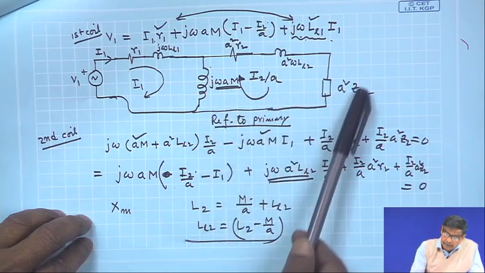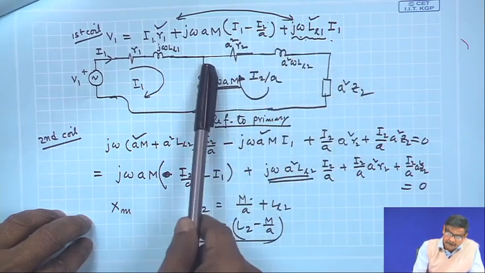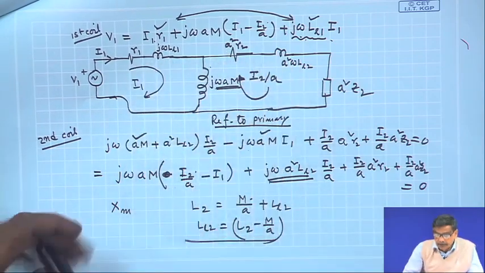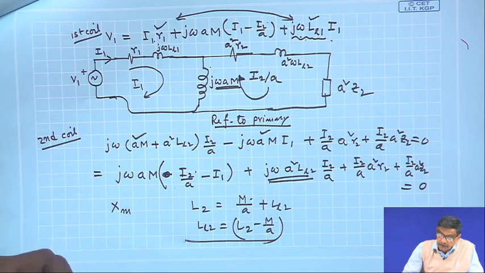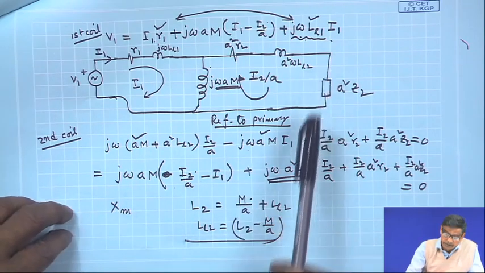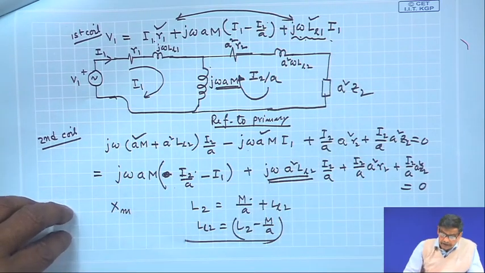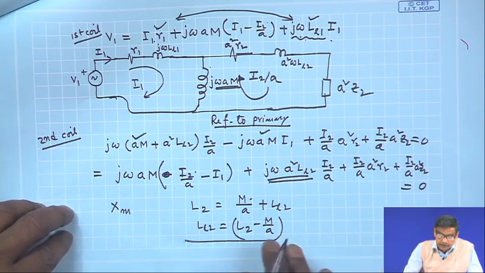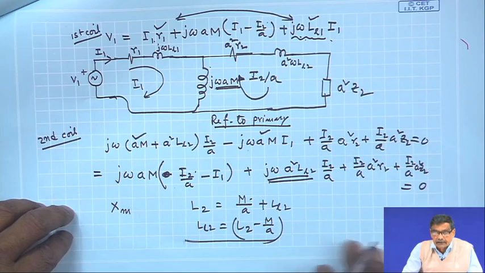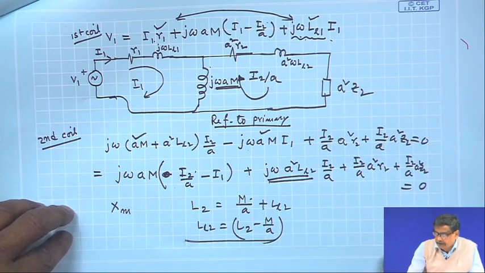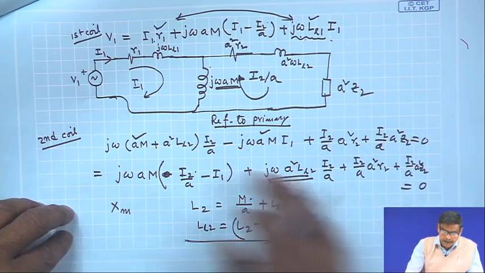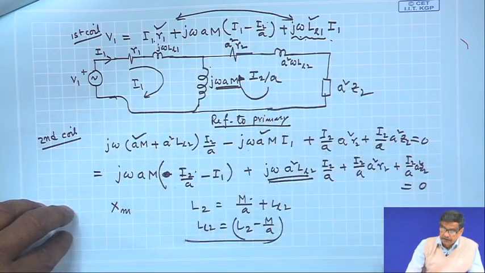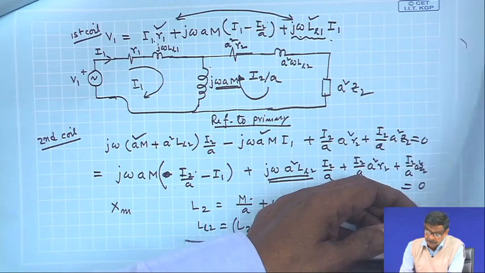And all the impedances on the secondary side are reflected as a square into R2, a square into omega L2, and so on, a square into Z2. I will just ask you to find out the equivalent circuit of the transformer referred to the secondary side. I leave it as an exercise to you, how this equivalent circuit will look if I want to draw it with respect to side 2.